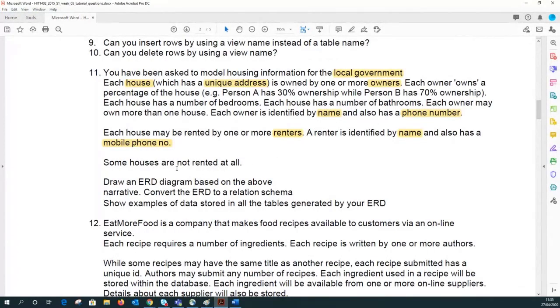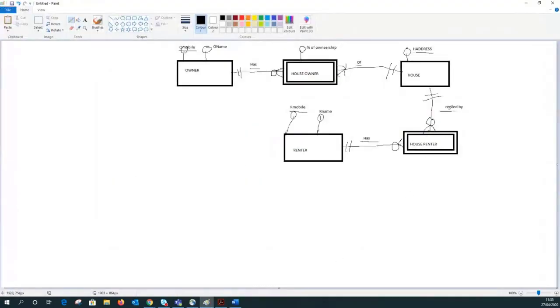They say some houses are not rented at all, right? Some houses not rented at all means that is why we put this constraint optional. The houses may have renters, but if you have the renters, it must belong to one house. So that is why we put the participation constraint optional in this case.